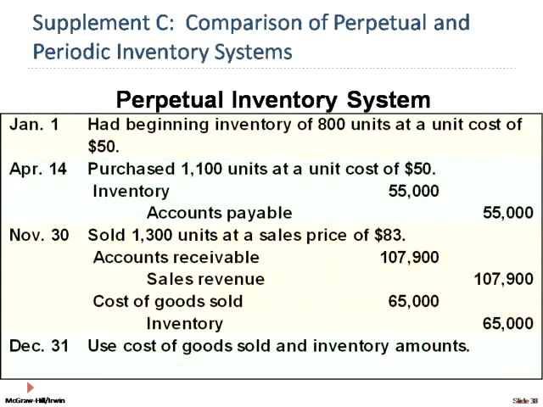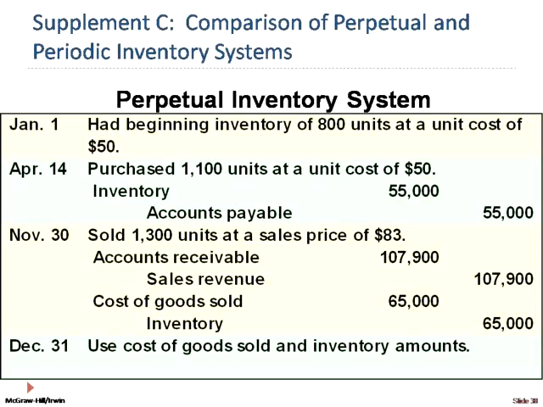Supplement C. Comparison of perpetual and periodic inventory systems. Here are two transactions accounted for using the perpetual inventory system. The company has 800 units in beginning inventory at a unit cost of $50.